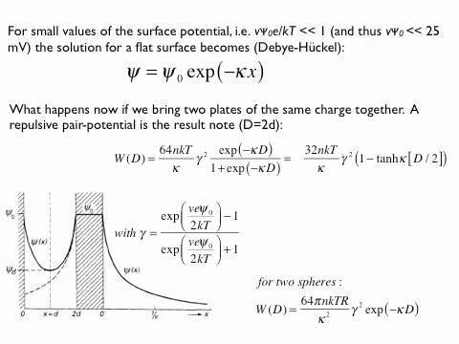So the charge potential you know, and you move them closer and closer, and what you can calculate is the potential when these two things start to interact with each other. So if you put in all the equations for two spheres, you get this massive expression that's given below: 64 times n times kT divided by the Debye length, times this other parameter given below, times exponential terms.